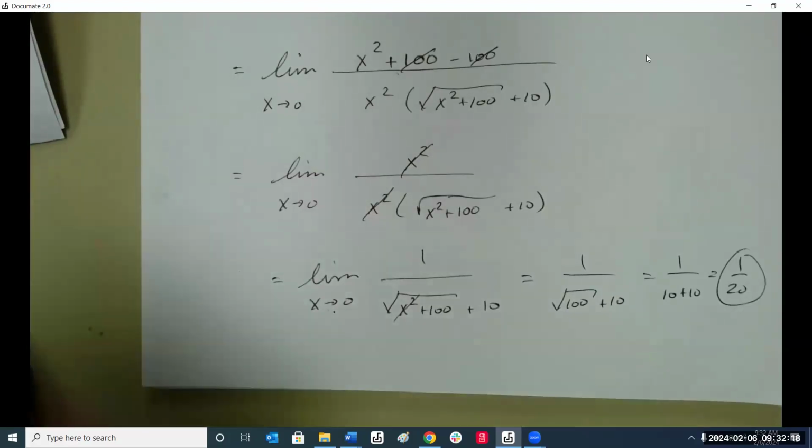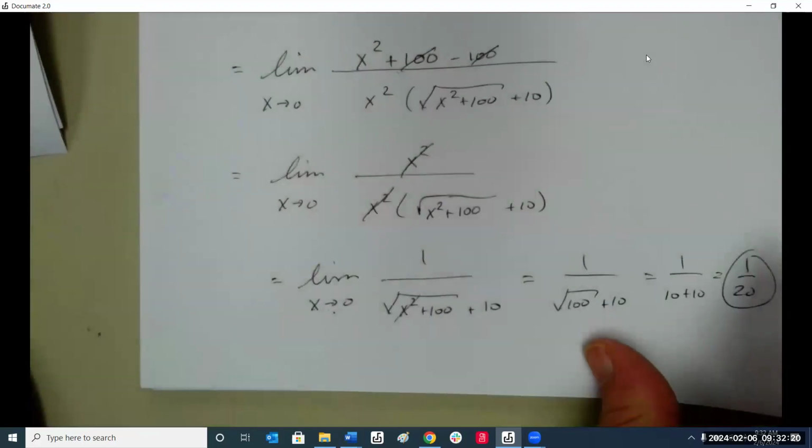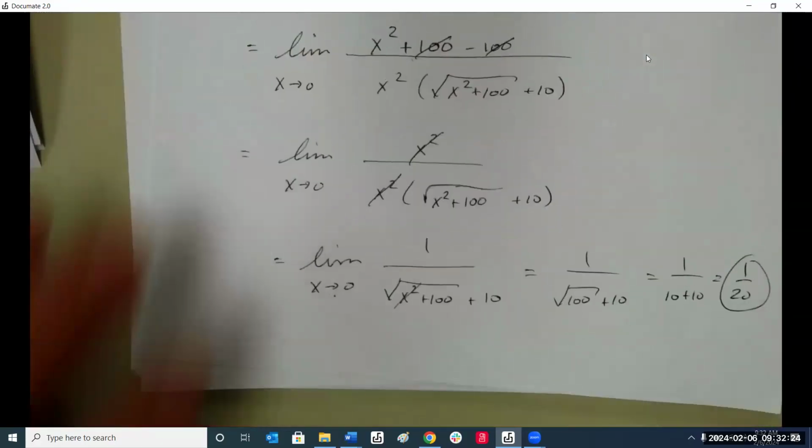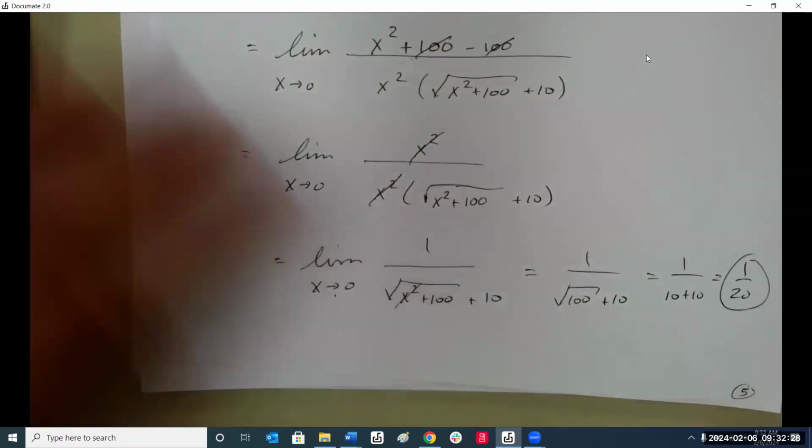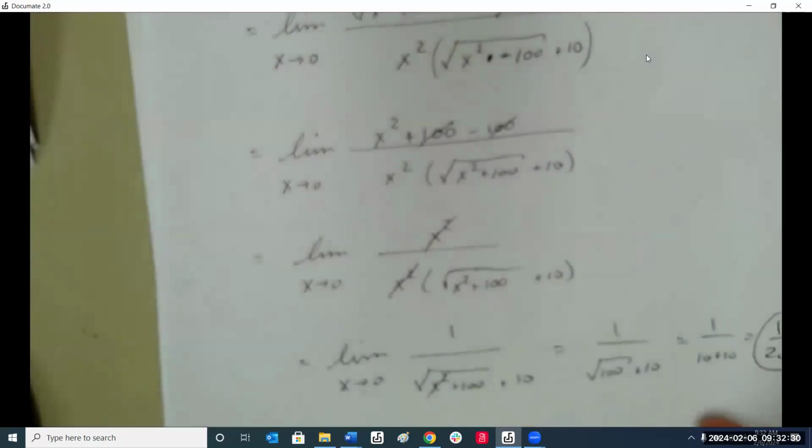Oh, the last thing, the sandwich theorem. This last thing is muy important. It's probably one of the most important things that's going to save us so much time and effort.